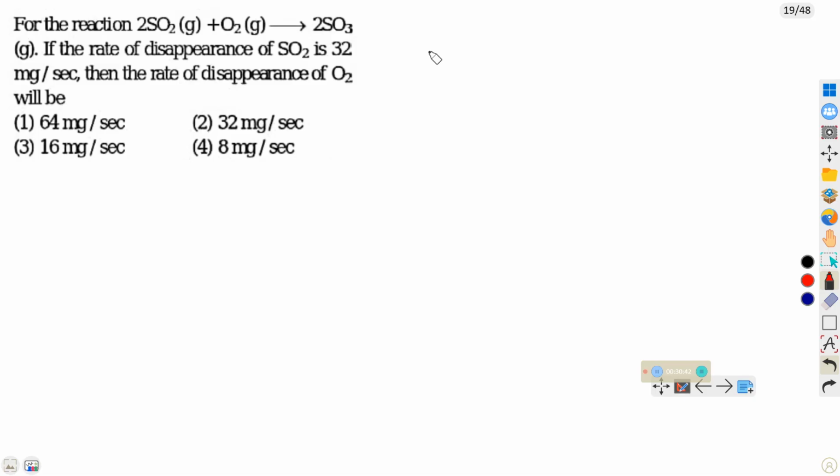For the reaction, 2 moles of SO2 plus O2 gives rise to 2 moles of SO3. If the rate of disappearance of SO2 is 32 milligram per second, then the rate of disappearance of O2 is?